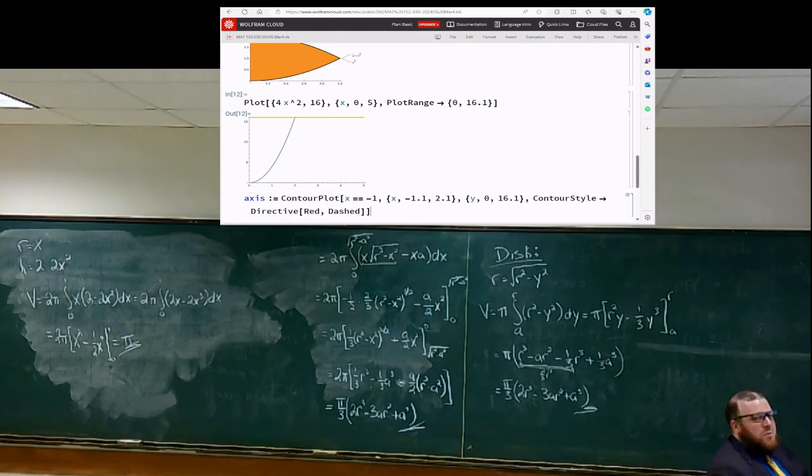But if you have multiple curves, then you have to wrap each one of those in their own separate braces. Whereas if you just do Directive, then it's just saying that for that one plot, it's going to set it to everything inside the Directive. Because I can also make it bold if I wanted to. So I could do red, dashed and bold to make it really stand out.